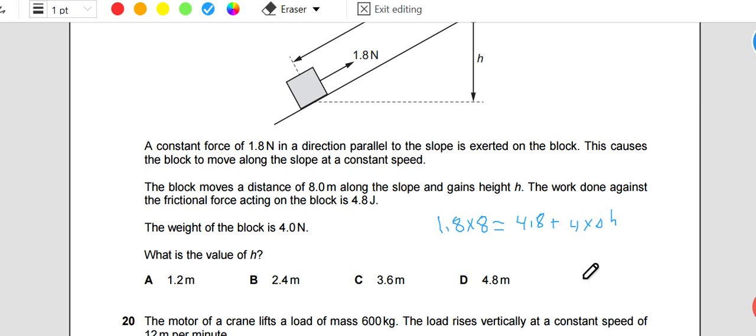Okay, we can easily solve for h or delta h and find the answer.